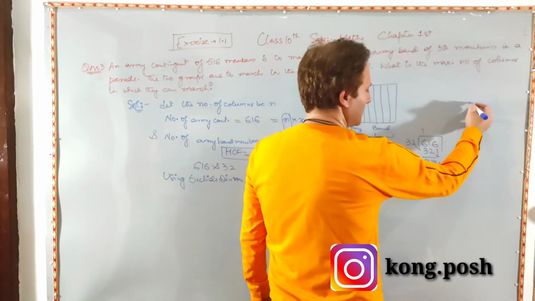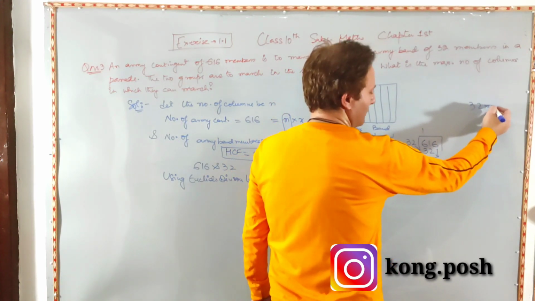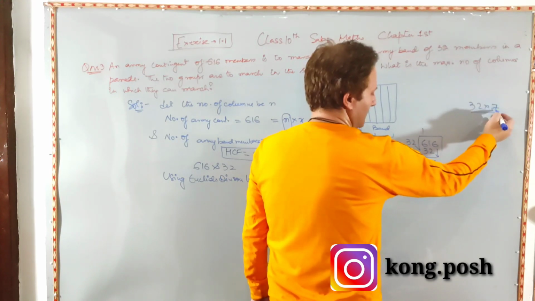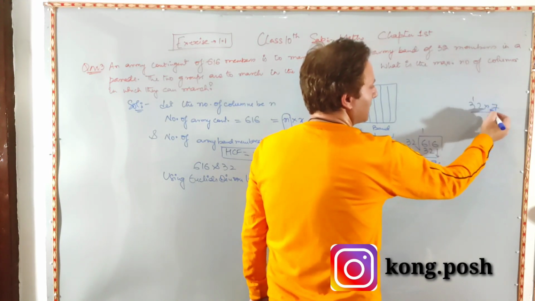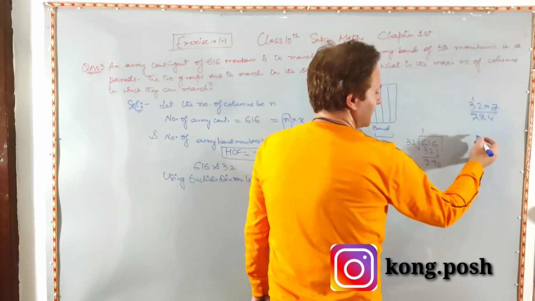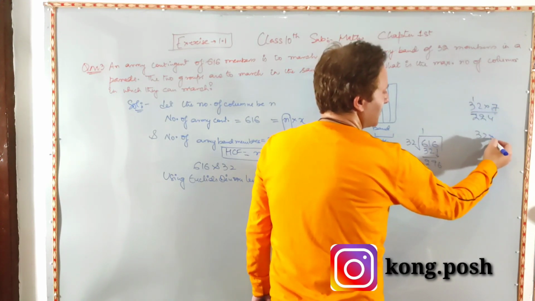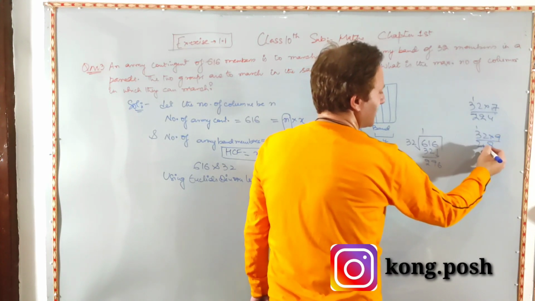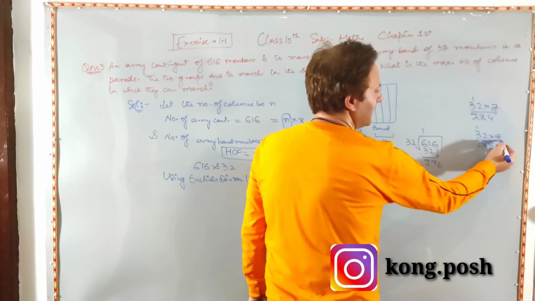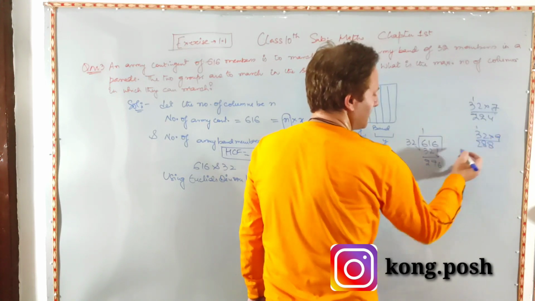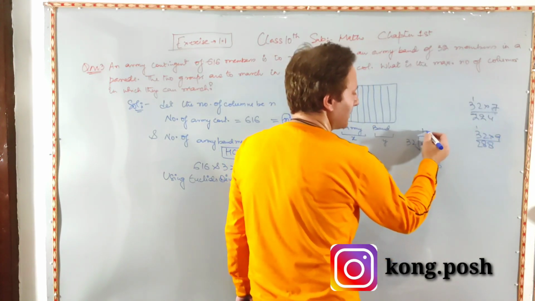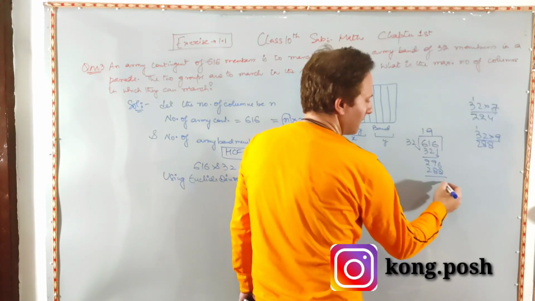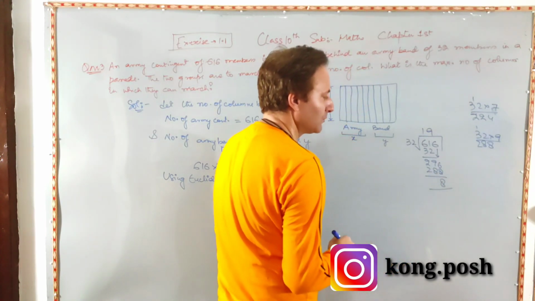Now let's see 32 into 5, or 32 into 7 we can try. 7 2s are 14, then we have 21, 22. We'll try one more, 32 into 9. 9 2s are 18, 9 3 are 27, and then 28. So this is nearer. So I'll put a 9 here, and this is 2, 8, 8. So I have 8 left over.